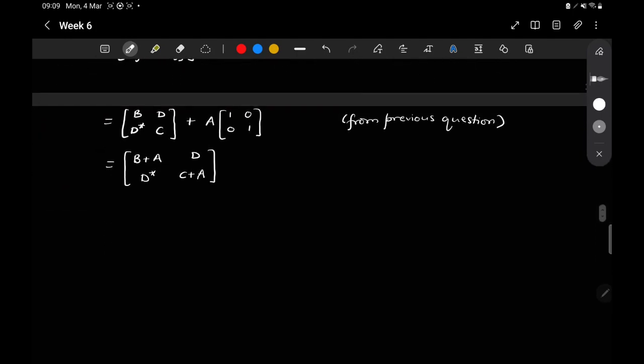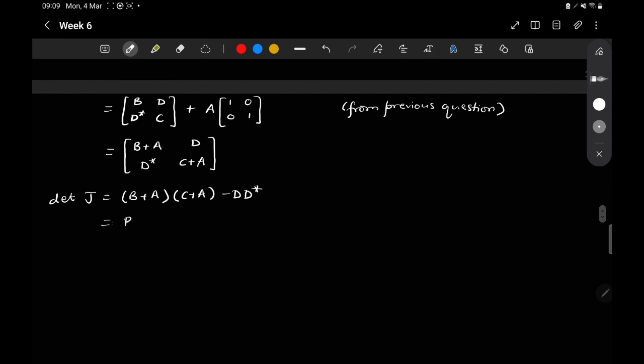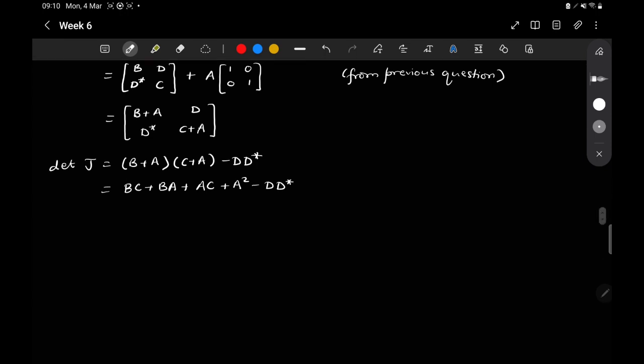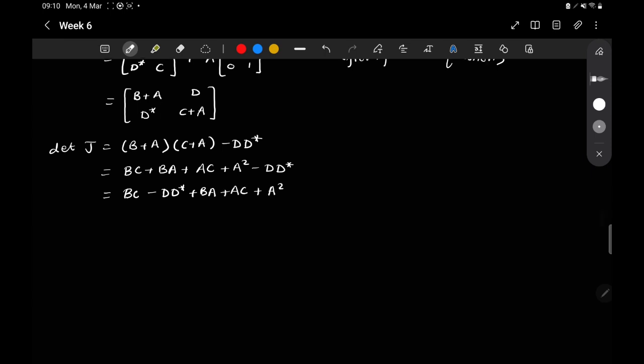So now we can write the determinant. Just manipulating and simplifying.